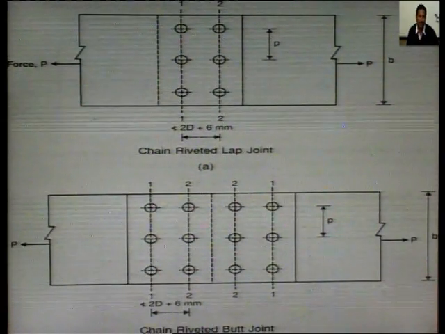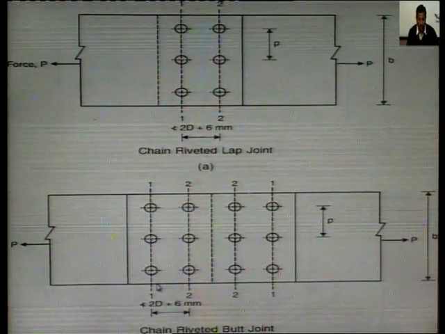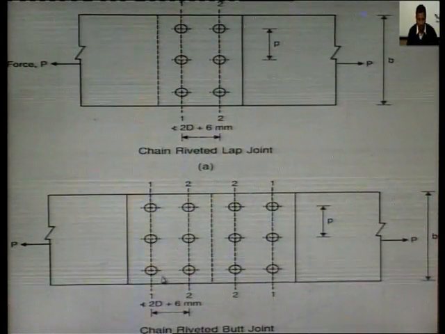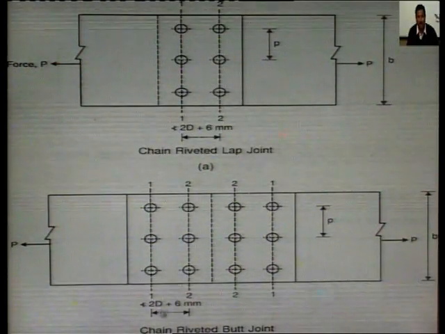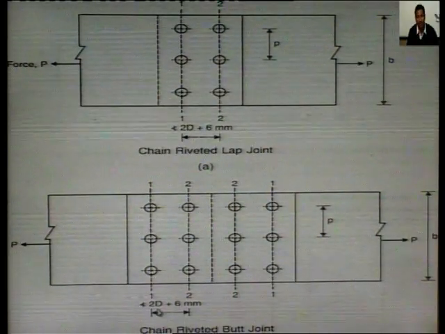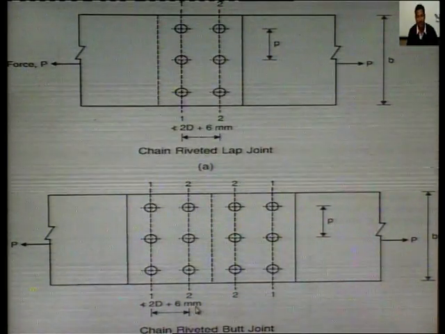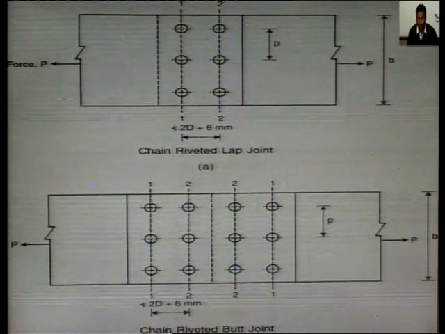This diagram is for a chain riveted butt joint. In a chain riveted butt joint too, the rivet of one row is opposite to the rivet of the other row, and the distance between these two rows is not less than 2d plus 6 mm, where d is the nominal diameter of the rivet.